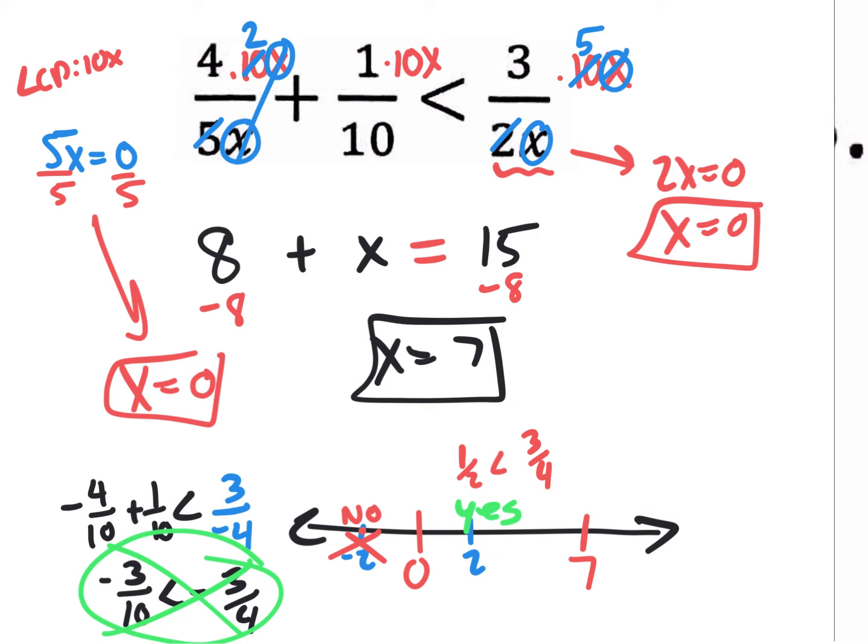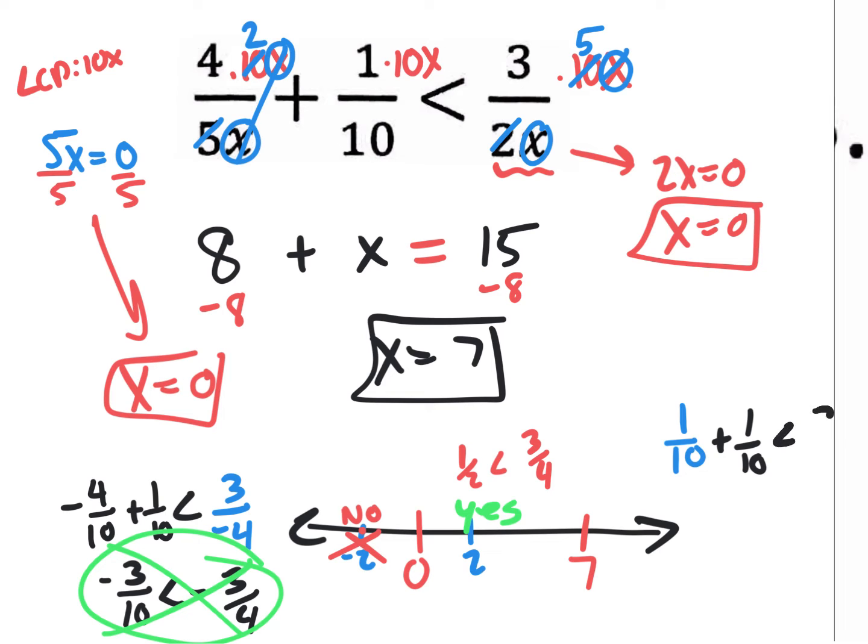8, okay. So I could plug in an 8 right there. 5 times 8 is 40. 4 over 40 reduces down to 1/10, right? You could also do this on a calculator. And then plus another 1/10. It should be less than 3 over 2 times 8, which is 16.